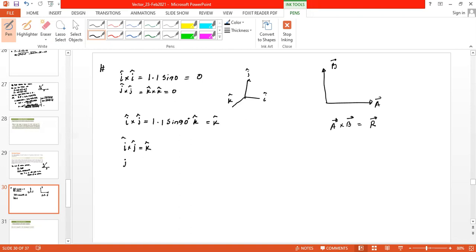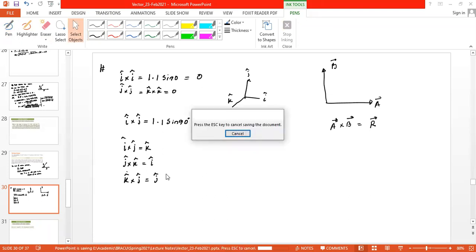Similarly, j cross k will give you I, and k cross I will give you a j vector. Okay, so these are some identities that you get when you multiply two unit vectors.